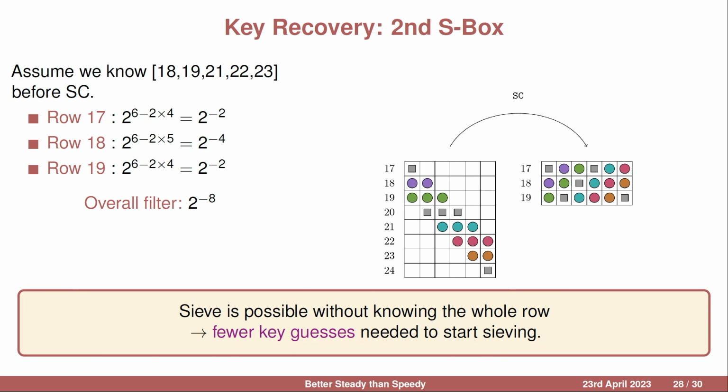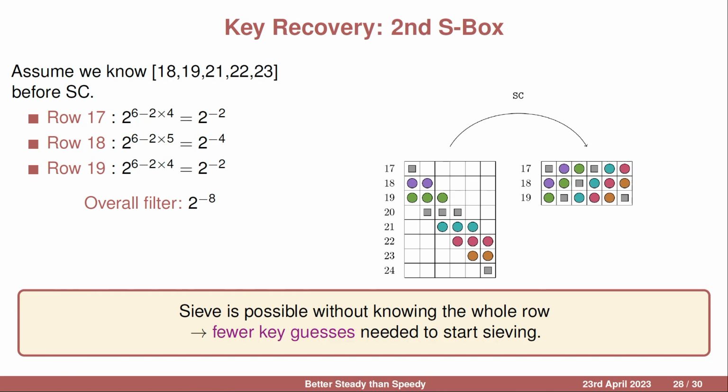And since we are matching on pairs, for row 17, for example, we will know 2 to the 4, so we know 4 bits, but since it's a pair, it's times 2. So for row 17, in the end, we have 2 to the 6 possibilities, but we are trying with 2 to the 4 times 2, so it results in a filter of 2 to the minus 2. We can do this for all 3 rows, 17, 18, and 19. It results in an overall filter of 2 to the minus 8.